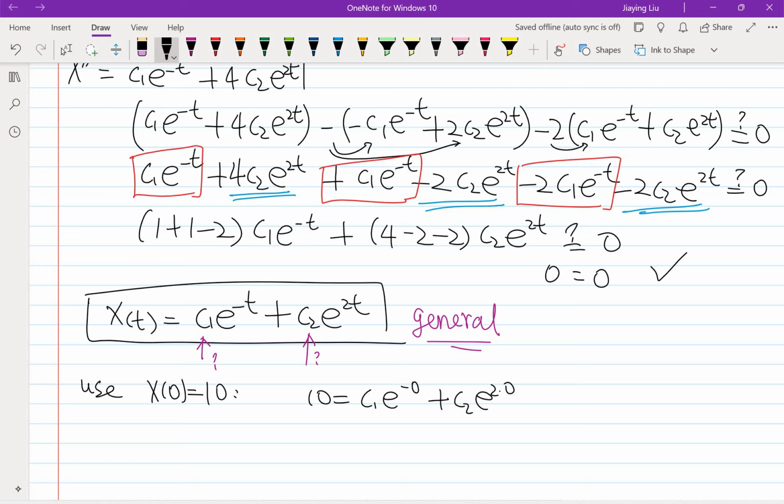Questions? And then we can simplify, because e to the negative 0 is e to the 0, right, which is 1. And e to the 2 times 0 is also 1. So we just have 10 equals c1 plus c2. That's fine. We can't really solve yet, but that's okay.